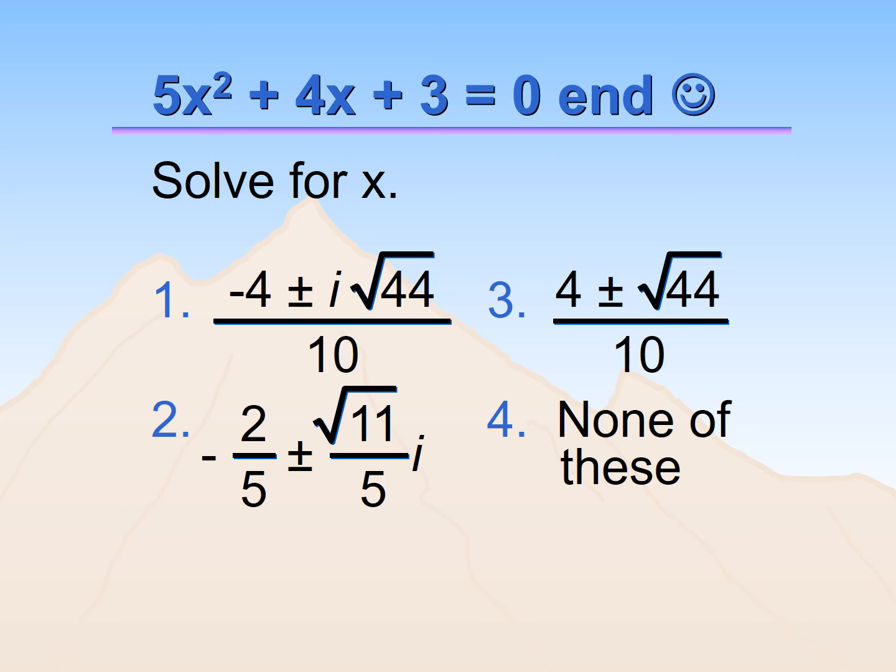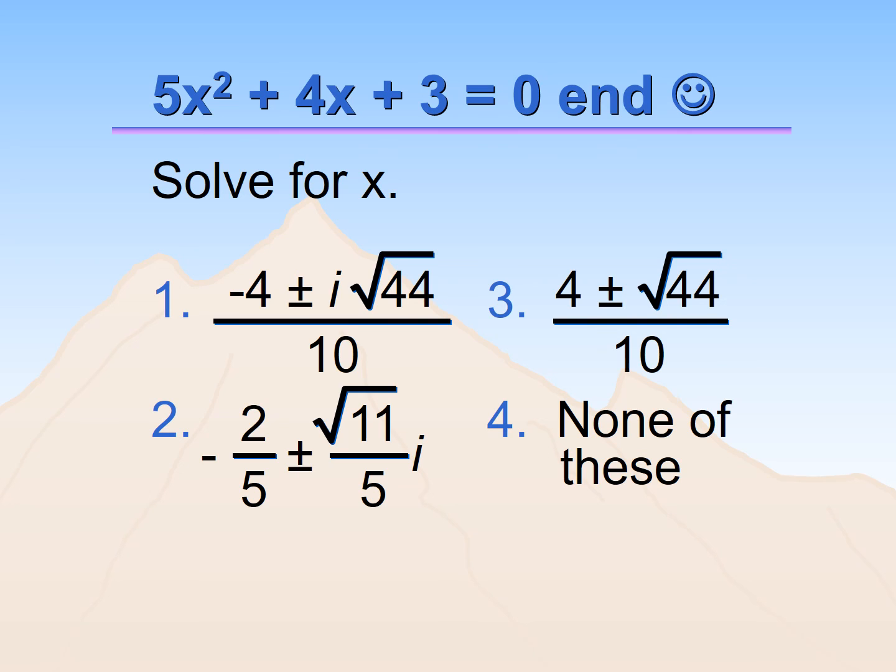So you should get negative 4 plus or minus the square root of 16 minus 60, since 4 times 5 times 3 is 60, all divided by 10. Let's take that 10 and put it under each term. So we get negative 4 over 10 plus or minus the square root of 16 minus 60, which is negative 44. Our discriminant is negative, which means that we're going to have 2 complex solutions.